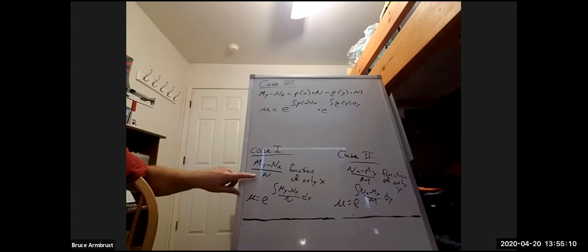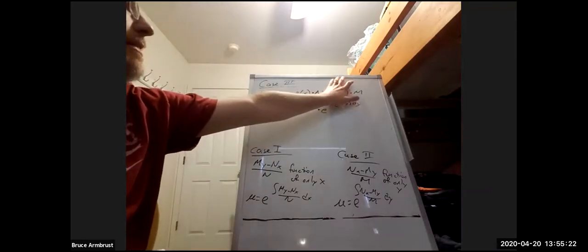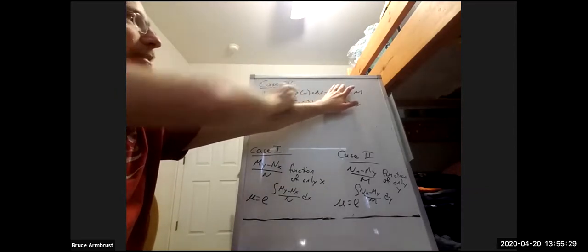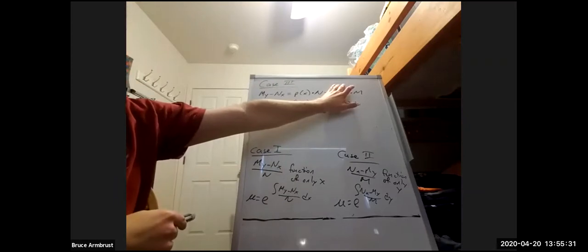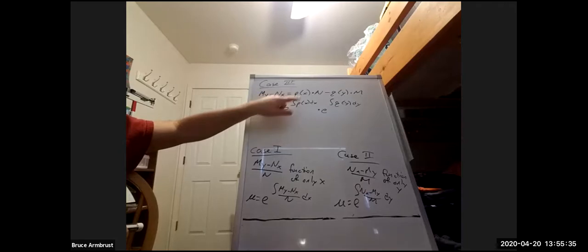Because think about the first one, where my minus nx over n is a function of only x. Well, if it's a function of only x, there's none of this qy business. You cover that up, and you can see that when you divide by n, you've got my minus nx over n is a function of x. And its solution then is e to the integral of p of x.